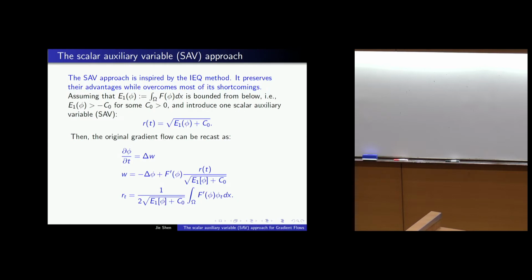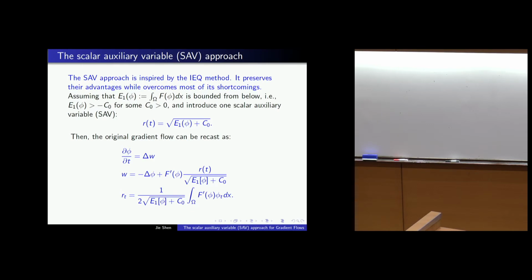This is a very mild assumption, which is satisfied by almost everything. And then you introduce one scalar auxiliary variable, R. Your x is integrated out, so you only have a scalar function with respect to t, R equals the square root of E1 of phi plus C0.